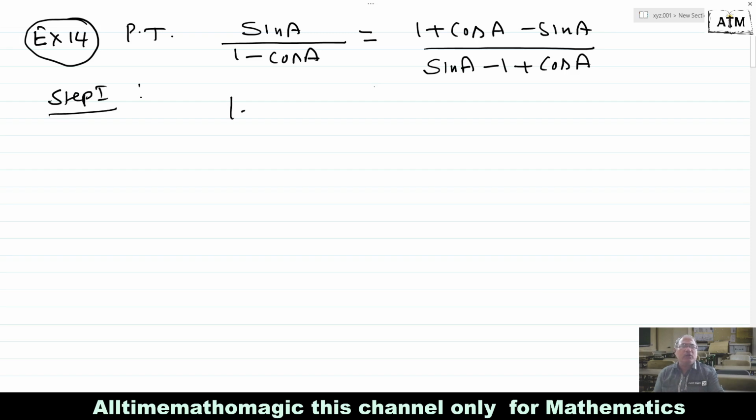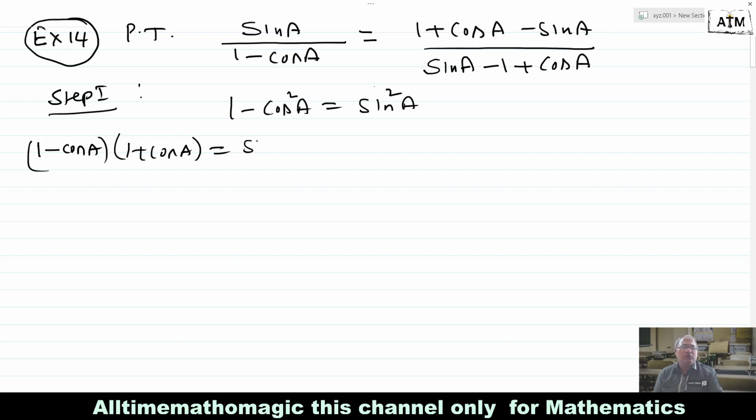We know that 1 minus cos square A equals sin square A. So 1 minus cos square A can be written as 1 minus cos A into 1 plus cos A equals sin square A. This is a tricky problem and can be solved only by logic.